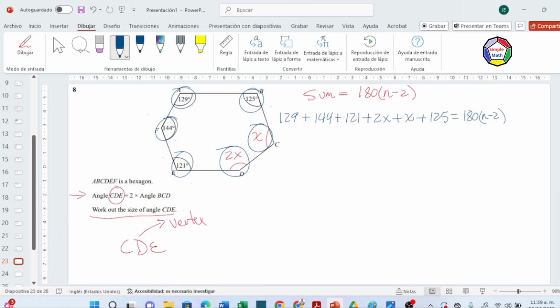Remember that n is the number of sides of the polygon. How many sides does this polygon have? The information says that this is a hexagon, so it means it has 6 sides.